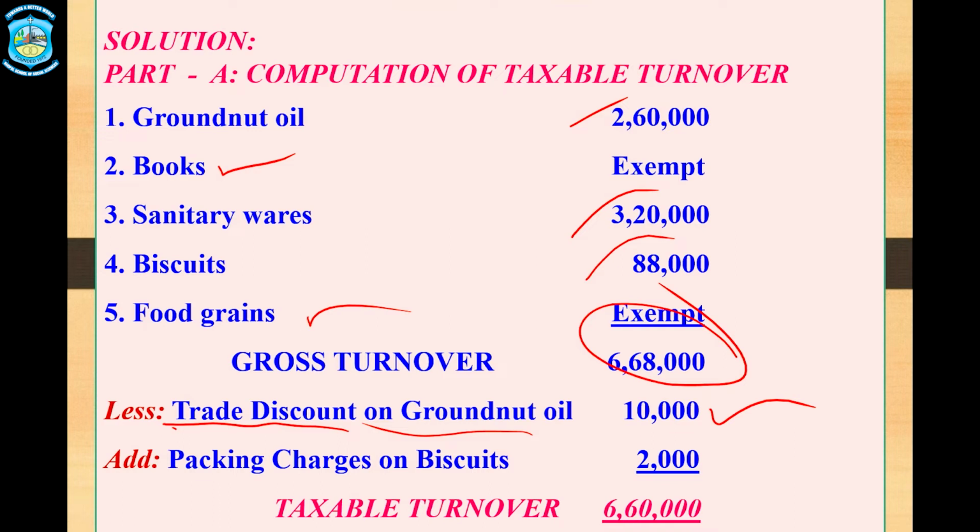We have to add packing charges, that is on the supply of the biscuits. It is rupees 2,000. So what is the end result we have? It is 6,68,000 minus 10,000 and plus 2,000, it will give you the final answer, that is taxable turnover 6,60,000 rupees. That is the end of our solution part A.